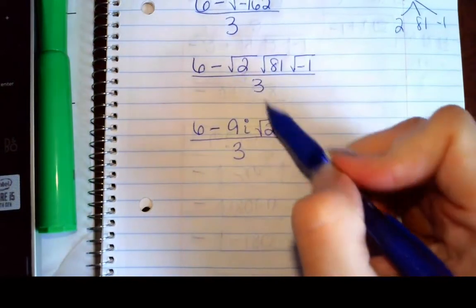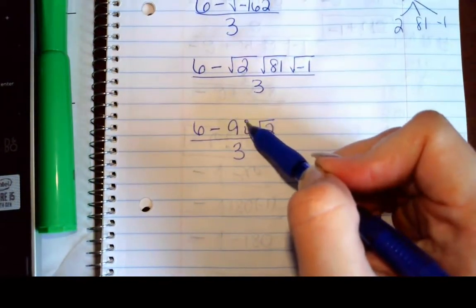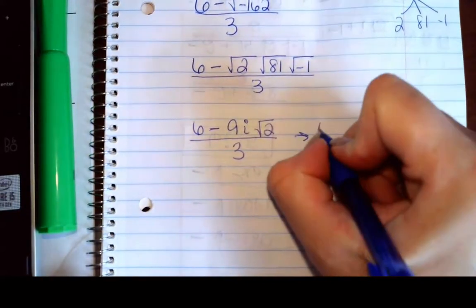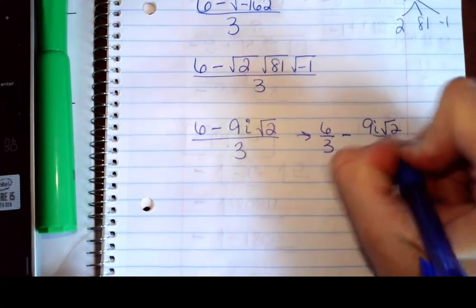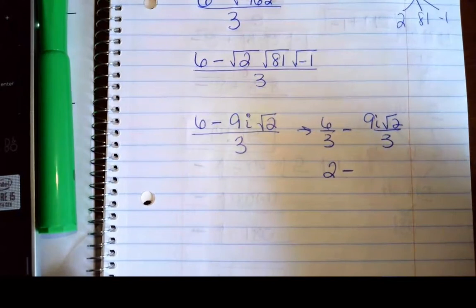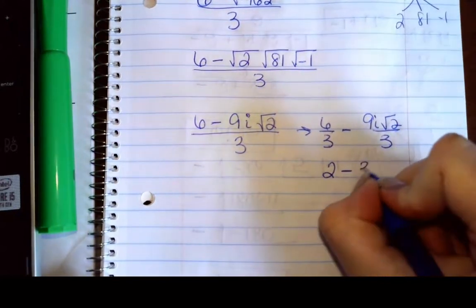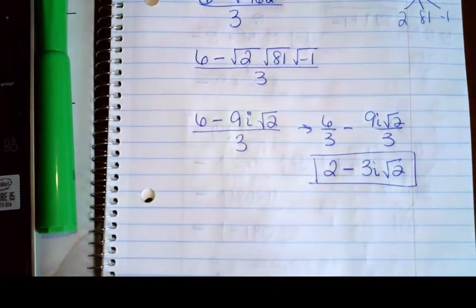And now I can rewrite that as a 6 over a 3 minus a 9i root 2 over 3. So 6 over 3 reduces to 2. 9 over 3 reduces to 3i root 2. And that is the answer to that one.